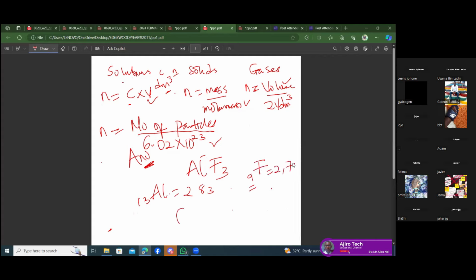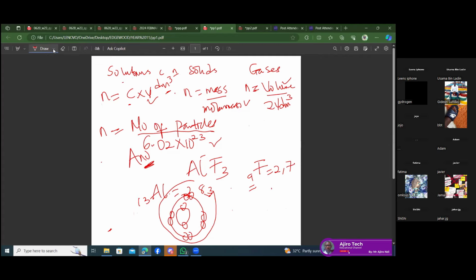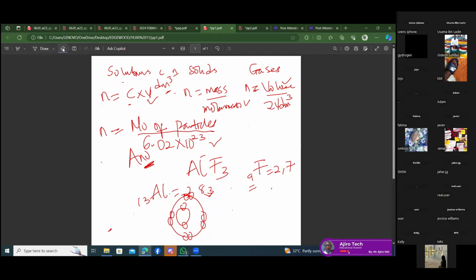So I'm going to draw this. 2 first, then I draw 1, 2, 3, 4, 5, 6, 7, 8. Okay, and then I draw the third one. So instead of drawing the third one, I'll just show how these 3 electrons are lost from here. So I'll simply erase this instead of drawing the third one.